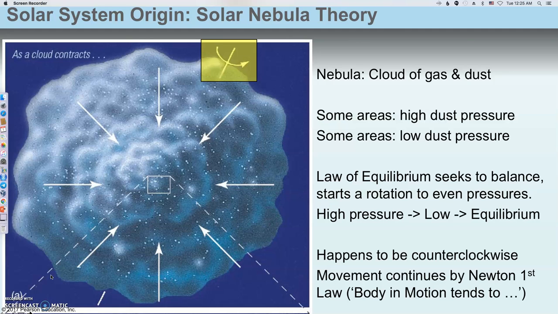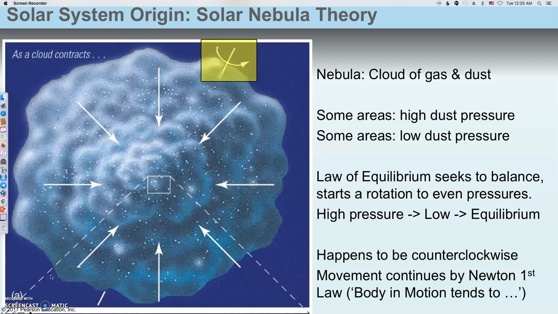And after that counterclockwise turn started, and we were moving toward equilibrium pressures, then Newton's first law kicks in, and that says that a body in motion tends to stay in motion.